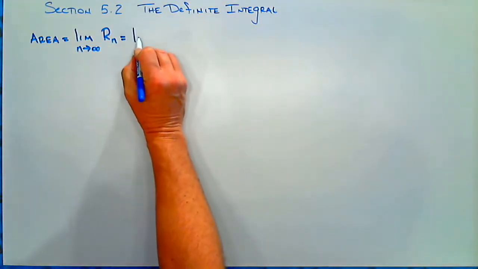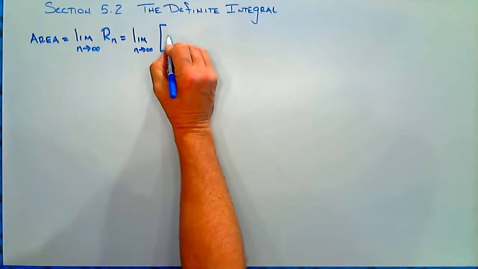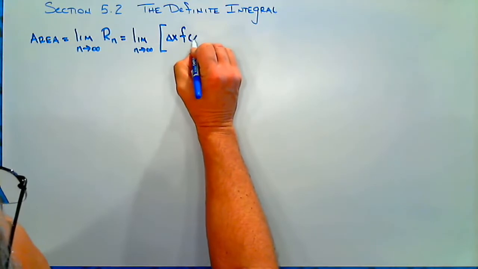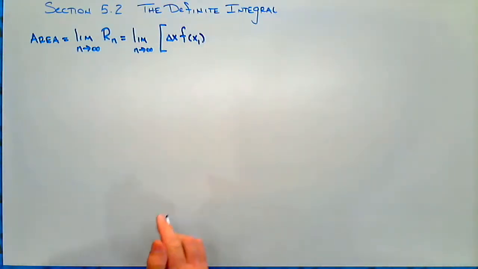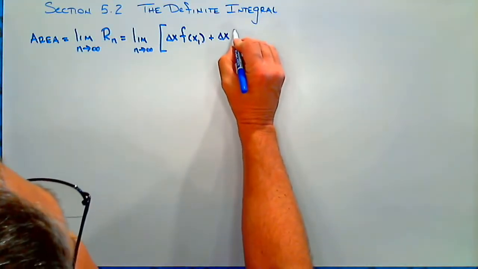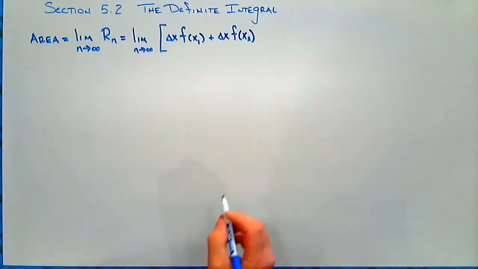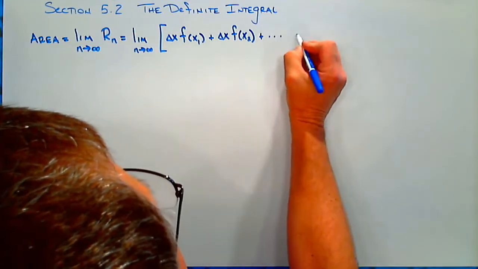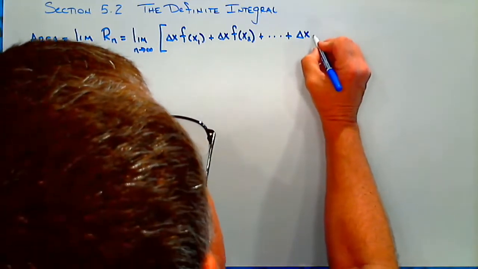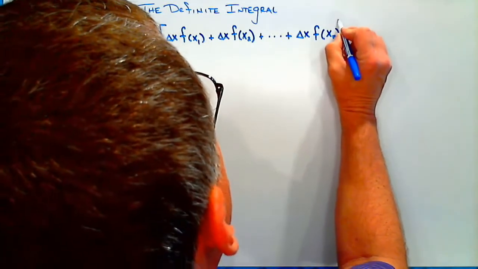We said this was the limit as n approached infinity, and we wrote it as the width of the rectangle, delta x, times the height of the rectangle, f of x sub 1, plus the width of the second rectangle, delta x, times the height of the second rectangle, f of x sub 2, plus, and we did this until we got to the width of the last rectangle, delta x, times the height of the last rectangle, which was f of x sub n.